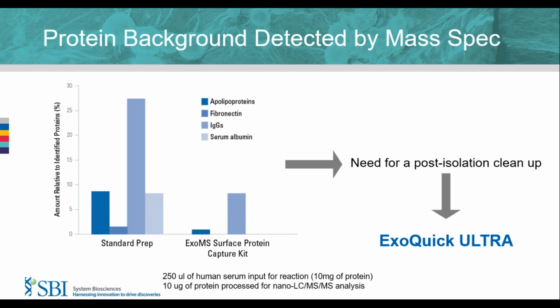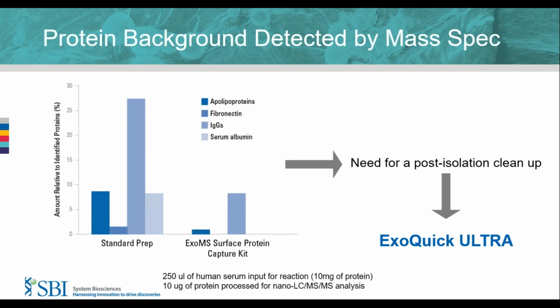If you put them all together, it's probably over 45% of the reads. So if you're doing mass spec, which is really expensive, but almost half of your reads are going to all of these background proteins, you may be losing and missing out on important biomarkers.